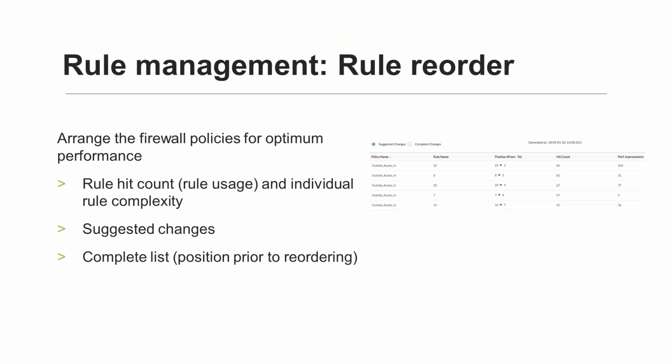Rule reorder. What is this all about? Arranging the firewall policies in an orderly manner will help you to pick the rule easily. Assume a scenario where you have a library and there are so many books and all the books are thrown here and there. If I go there to find one particular book, it will take me a long time.